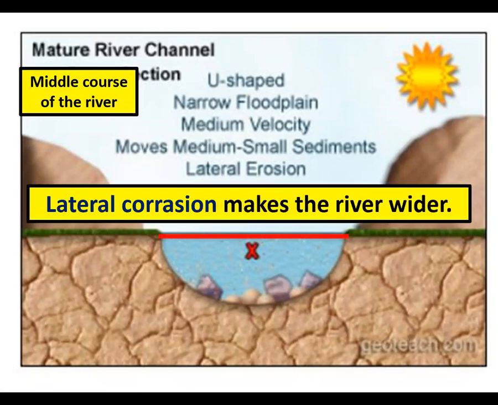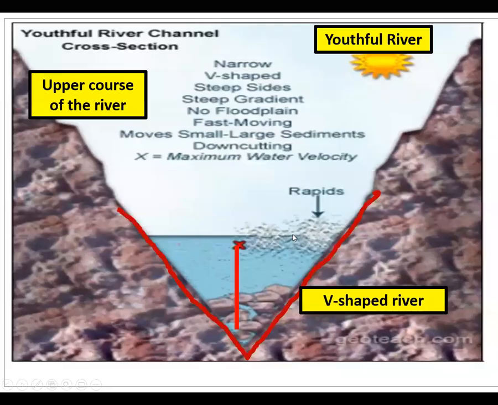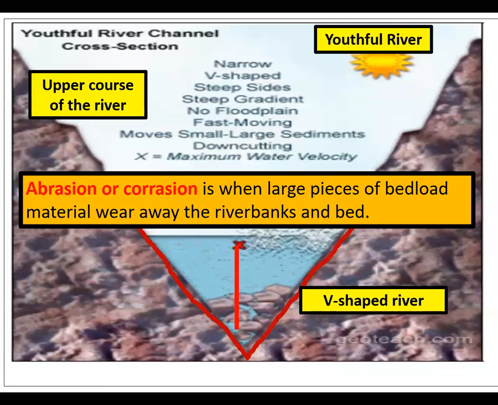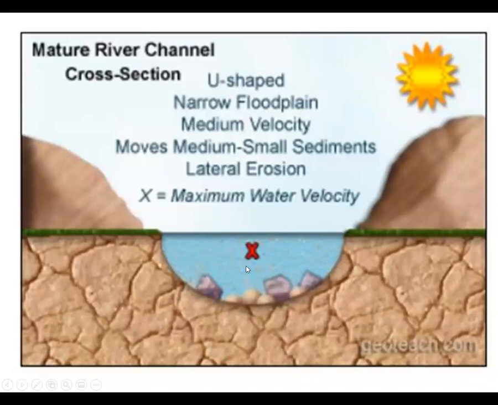And the type of erosion that's happening here is lateral corrosion because it's becoming shallower but wider. Unlike this one, it's a V-shaped river. Abrasion and corrosion is what's happening, and it's getting deeper but narrower.